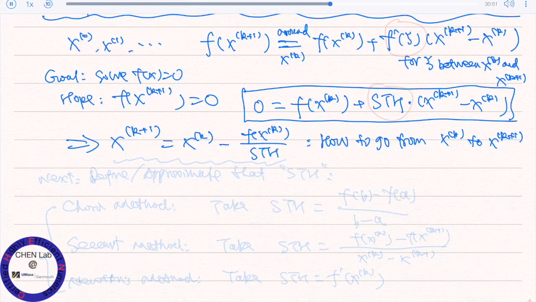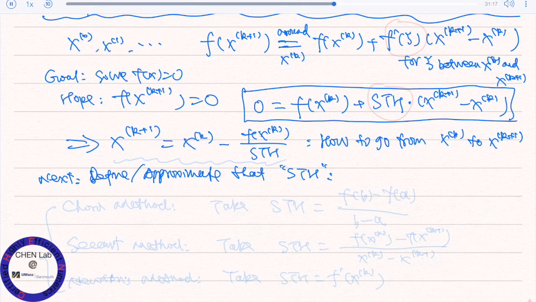So the next step is we should define, or actually just approximate, that something. Of course, we cannot just approximate it by anything. It has to be a meaningful approximation.